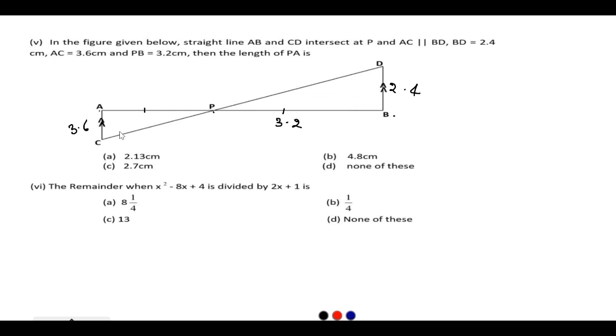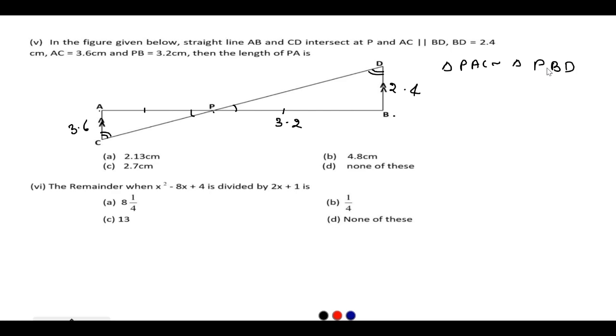Look at the figure. There are two triangles, triangle PAC and triangle PDB. This angle is equal to this vertically opposite angle, and because AC is parallel to BD, this angle is equal to this angle, alternate angles. Similarly, the third will be equal to the third. It means both the triangles are similar. Triangle PAC is similar to triangle PBD.